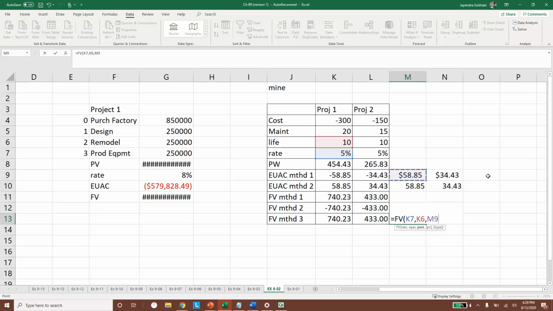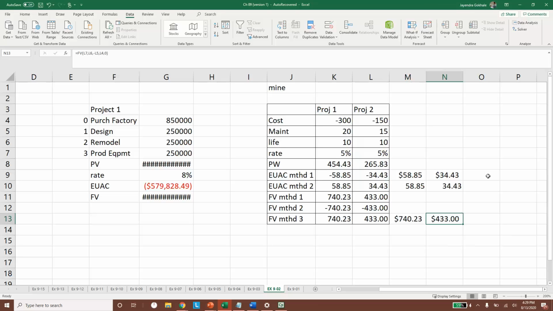Now we have to be careful. If we use a positive payment, then the future value will be negative. So we will use a negative value of the maintenance cost, and the present value is already negative, so the future value of that will be positive. So that, and then 0. Enter. 740.23 and 433.00. So that is how we find out the future worth of a project.